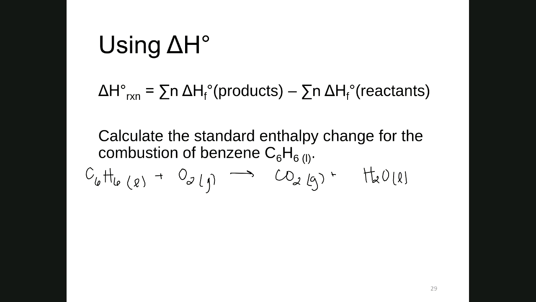So first things first, we need to balance. So go ahead and pause the video, balance this reaction. So you should find that the coefficients become 2, 15, 12, and 6.